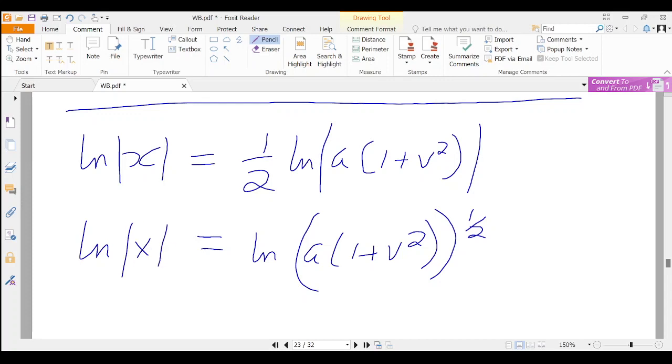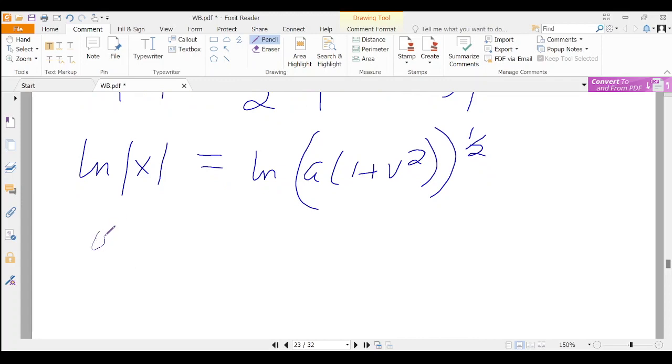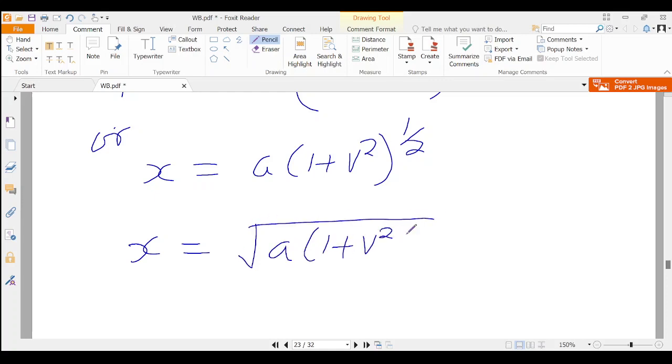And because the logarithm appears on both sides, we can write x is equal to a into (1 plus v squared) raised to the power half, or even x is the square root of a into (1 plus v squared), where v in this case we can substitute as y divided by x.